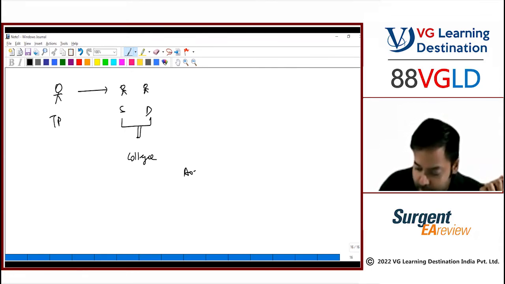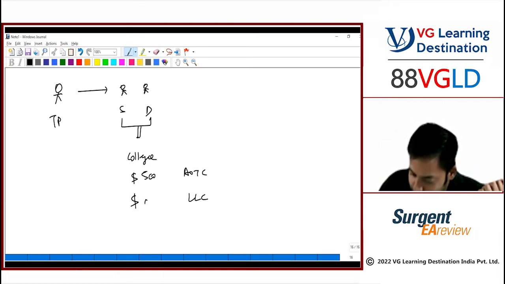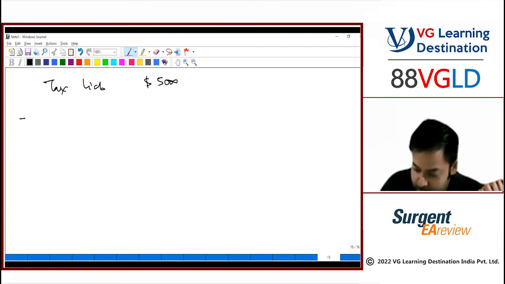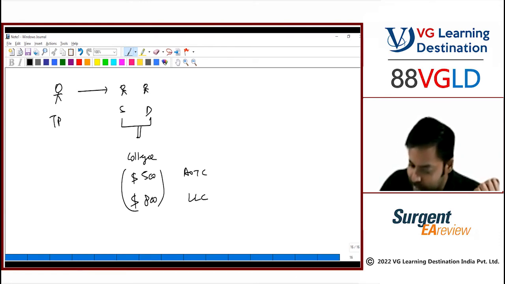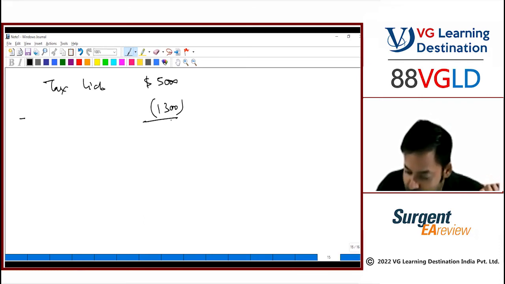Let's say AOTC and LLC. Let's say this value comes to be $500, this value $800. So you can reduce this directly from there. So this is going to be $1,300. Is that point clear? Up till here, is that clear? This is the advantage the government is giving to you. Okay, so this is 1,300. So how much tax you have to pay now?